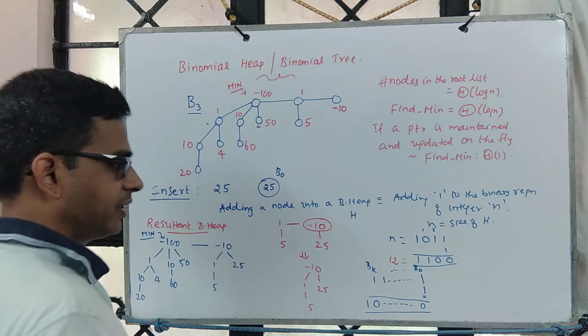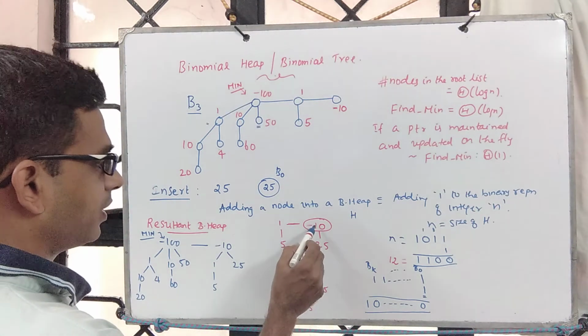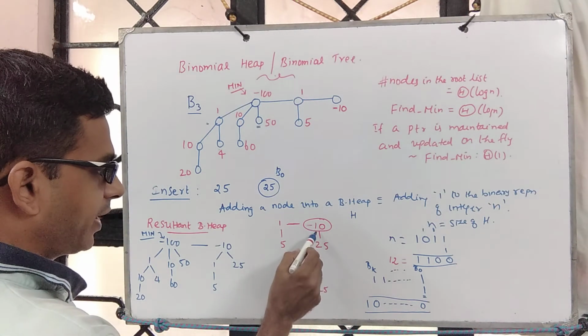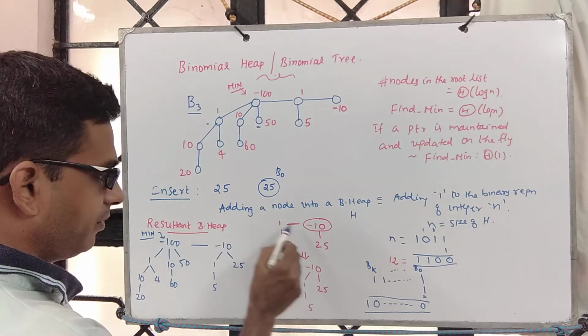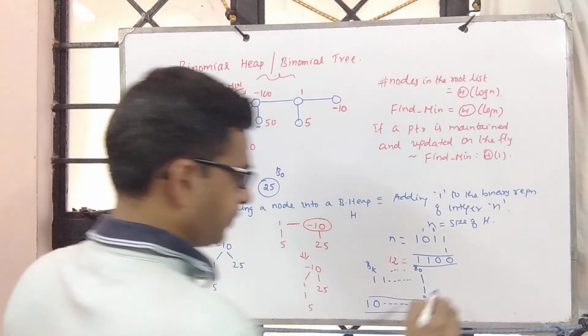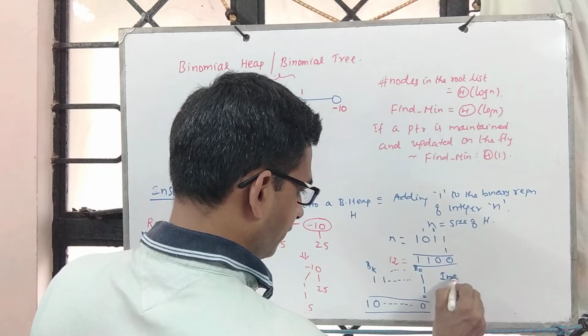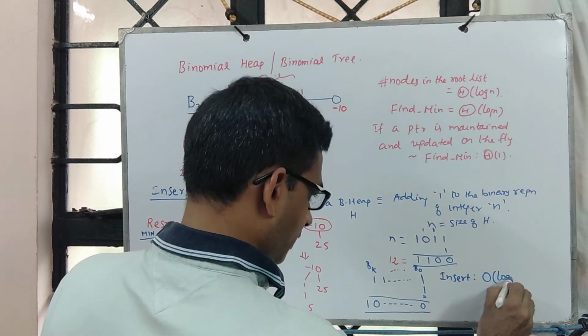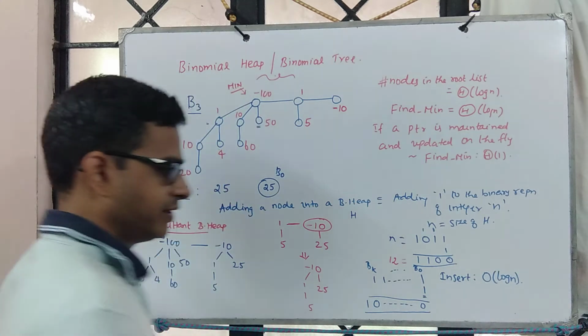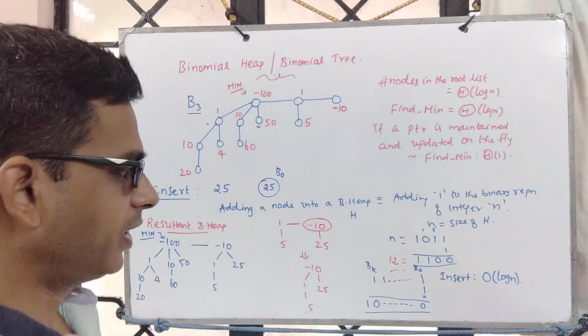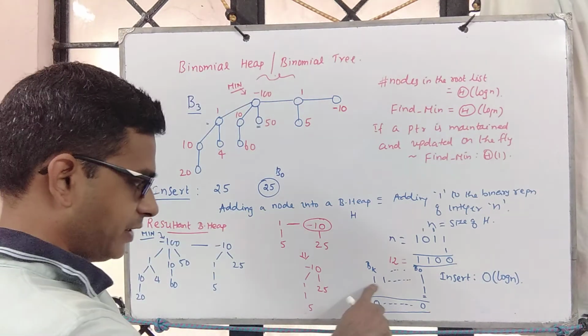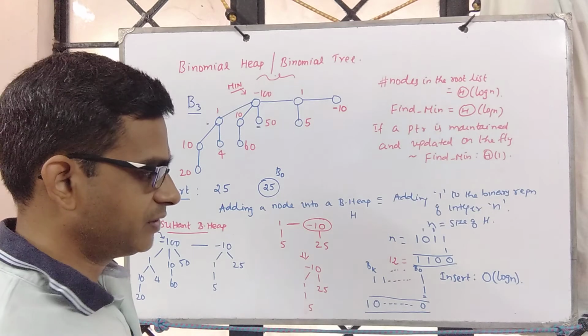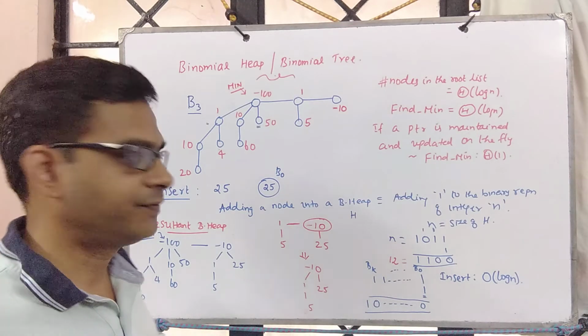So the worst case scenario is you may have to add with B0 and then B1, B2 and so on, which means time complexity of insert is order log n. The worst case it is theta of log n. In general order log n, and there are worst case scenarios, for example this one, in which it precisely takes theta of log n.